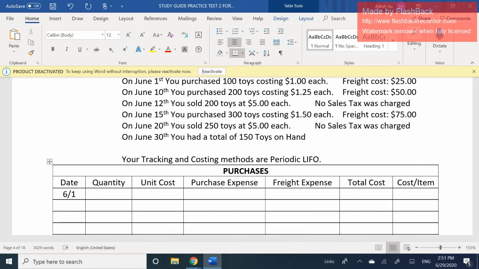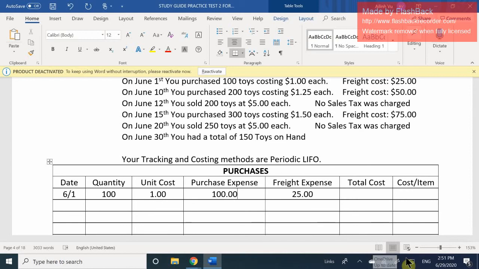June 1st, 100 toys costing $1 each and freight cost $25. So, what is the purchase expense? $100.